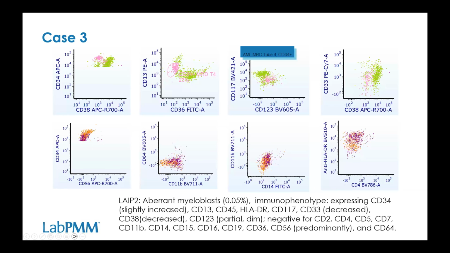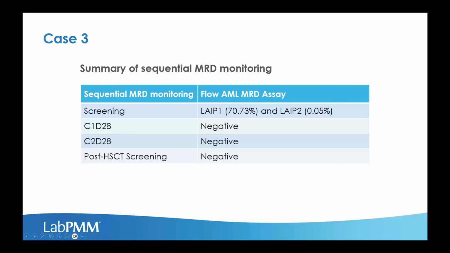As we know, after therapy the monocytes can show variable CD56 and very variable other myeloid or monocytic associated markers. But this additional CD34 positive myeloblast population often keeps the original immunophenotype, so it's very helpful for subsequent flow cytometry study. We don't have molecular testing on this case. This case is from a clinical trial.